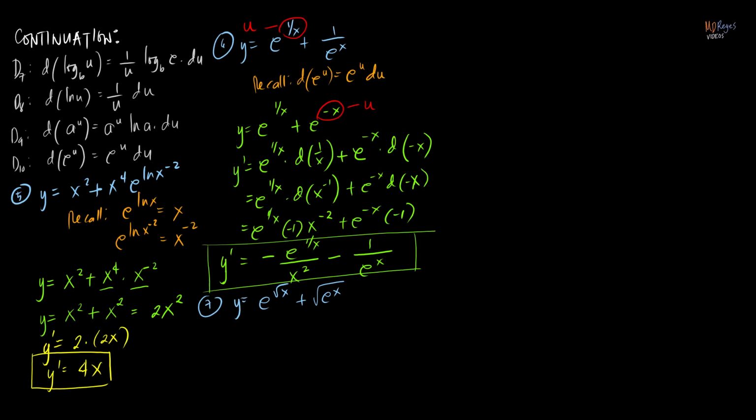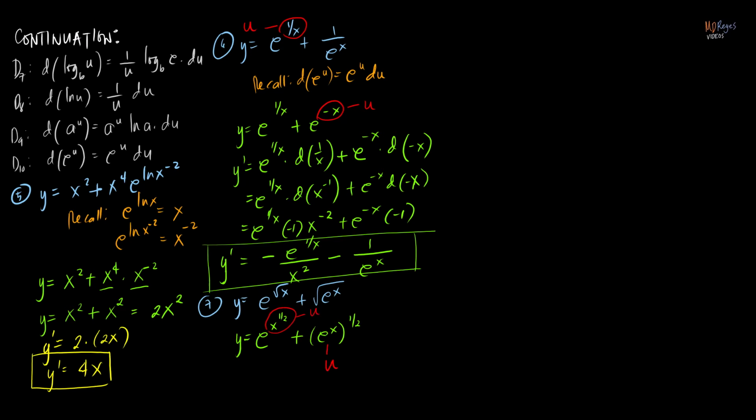So we just rewrite the function y equals e raised to x raised to 1/2. And then the second term is e to the x raised to 1/2. So you see, in the second term, we use the power rule because this is the base. This is in the form u raised to 1/2. While in the first term, this is u, the exponent.